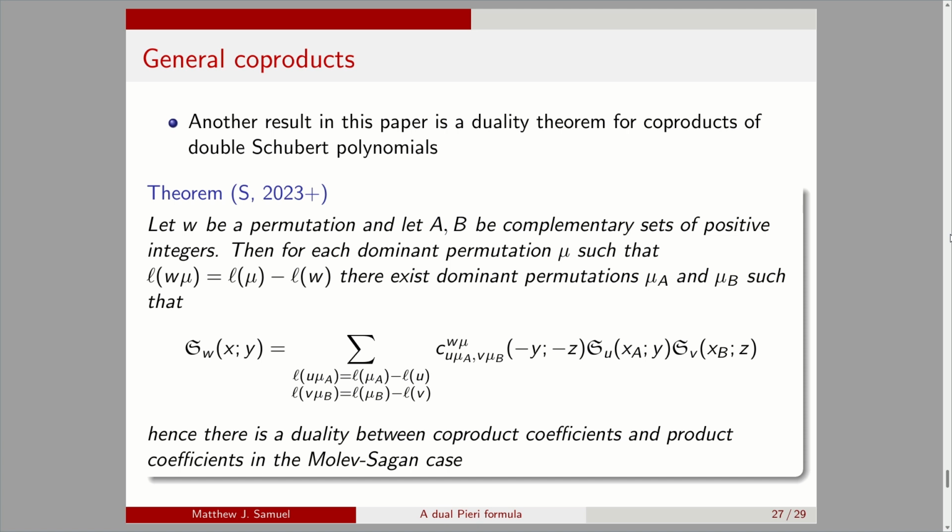Now notice the z variables come out of nowhere. They're going to completely cancel, but this is still useful even though the cancellation occurs when you sum it out. But here we have a duality between coproduct coefficients and product coefficients in the Molev-Sagan case that is actually stronger, even in the ordinary Schubert polynomial case, than Bergeron and Sottile's coproduct formula.